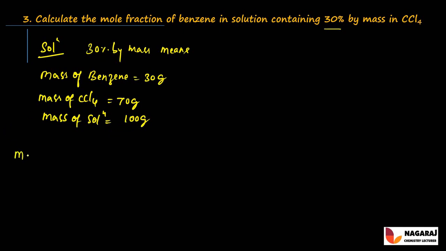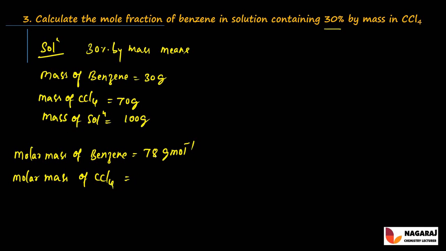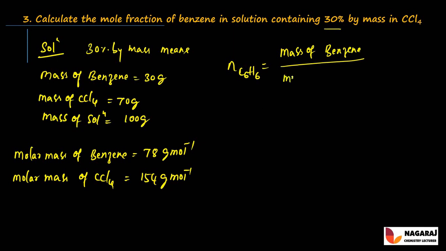So let us calculate molar mass of benzene, that is molar mass of benzene is 78 grams per mole and molar mass of CCl4 carbon tetrachloride is 154 grams per mole, and calculate the number of moles of benzene, that is number of moles of C6H6 is equal to mass of benzene divided by molar mass of benzene.